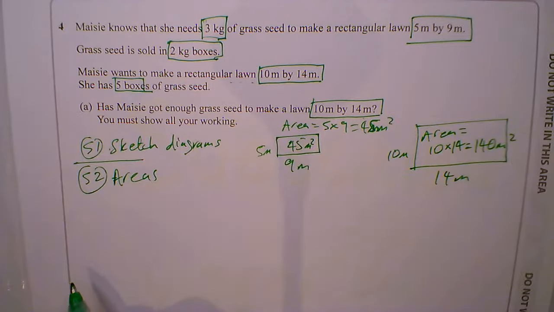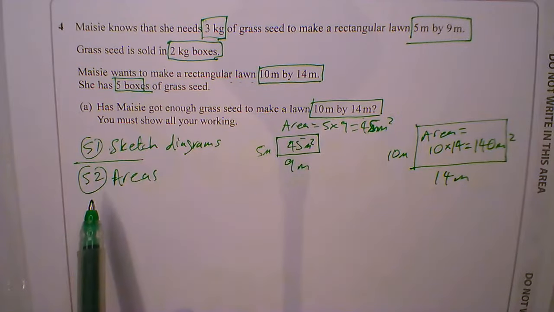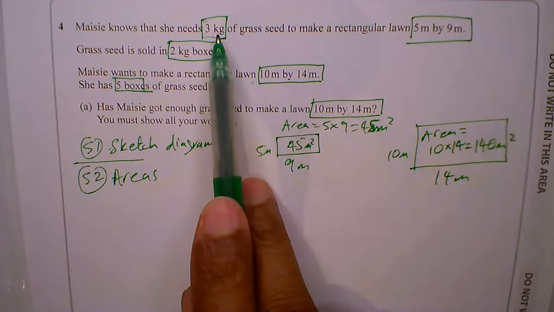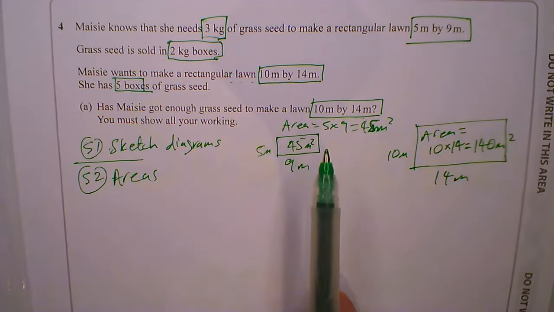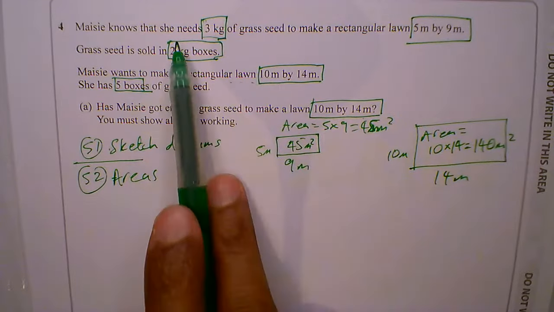So that would probably get me a method mark. After I've got my areas, I need to then find out how many 3 kilograms gives me this area. So how many of the small one, what is 1 kilogram?